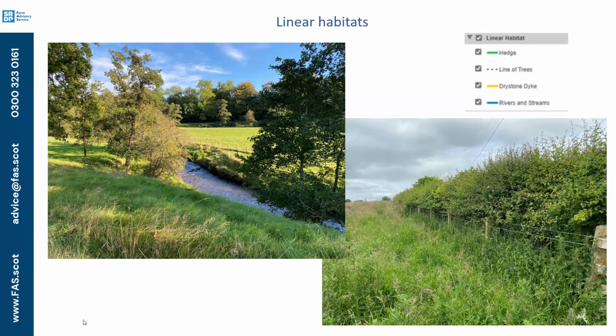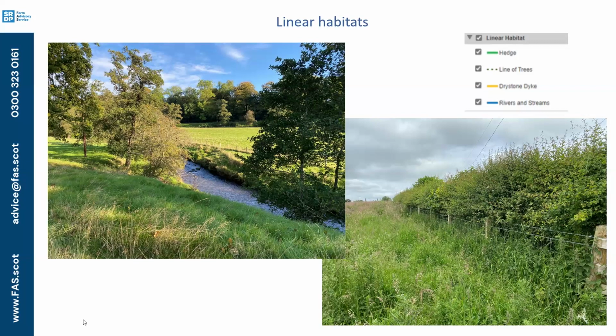You might get away with only cutting that every second year, and that just allows it to flower and fruit, which is obviously of benefit to biodiversity. If it's a roadside hedge, I appreciate that might not be possible, or it might not be possible in an arable field either for access reasons, but that's just an example of what is a really lovely hedge. It's well cut and maintained, and it's nice and thick. So you want to try and map all those as best you can.